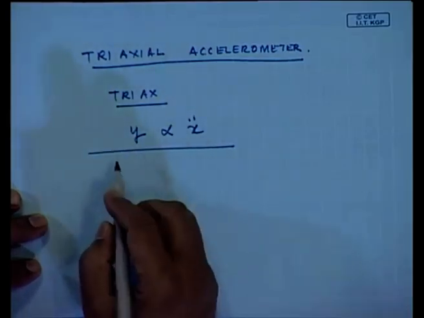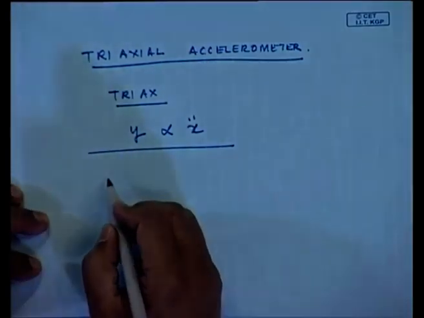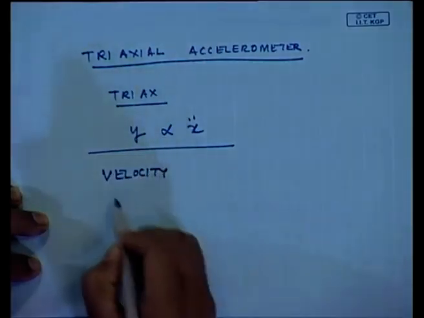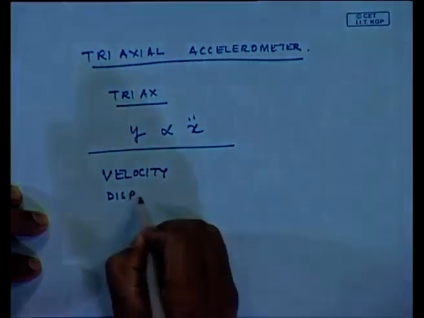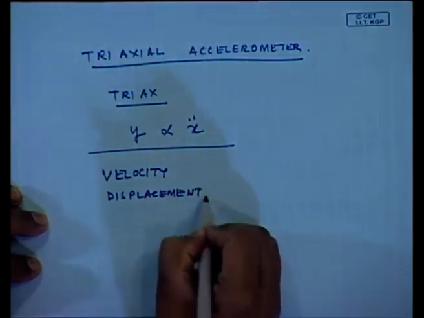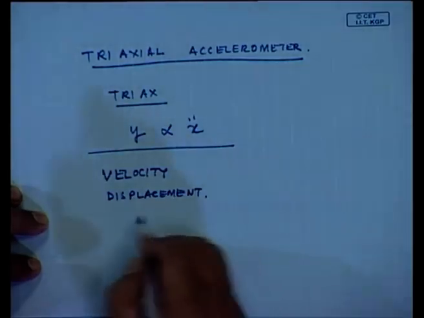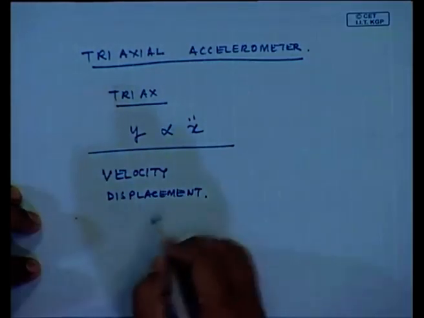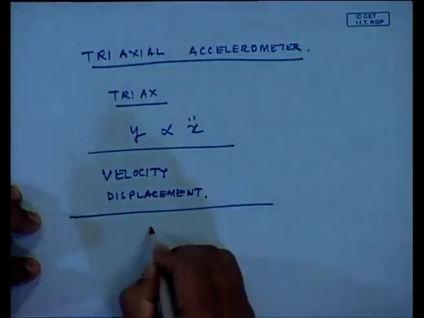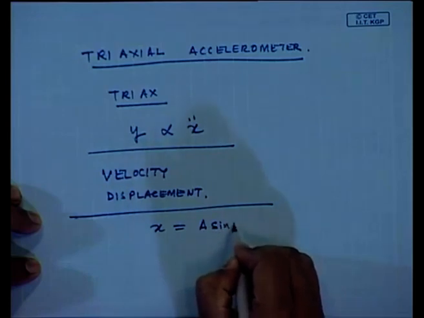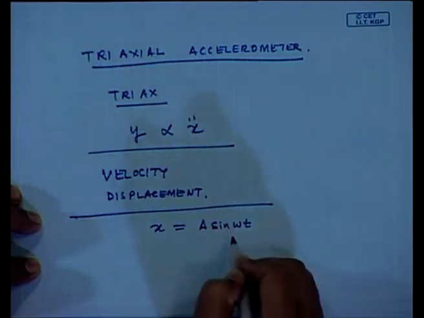Now, sometimes we need to know what the velocity or what the displacement at that measured point is. If you will recall, suppose I have a motion in general terms, x is equal to a sin omega t at any frequency.